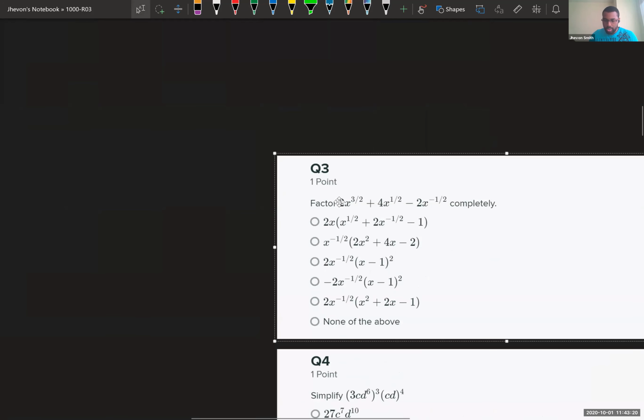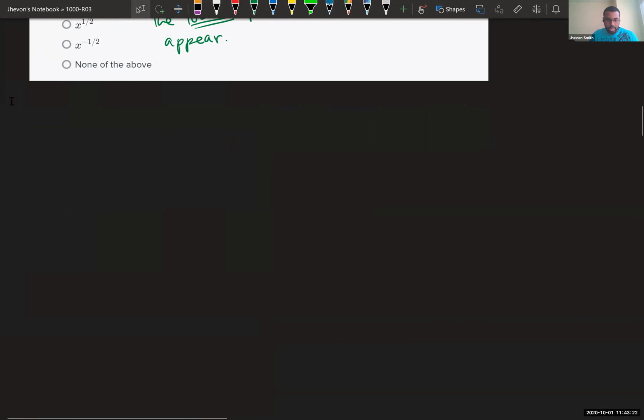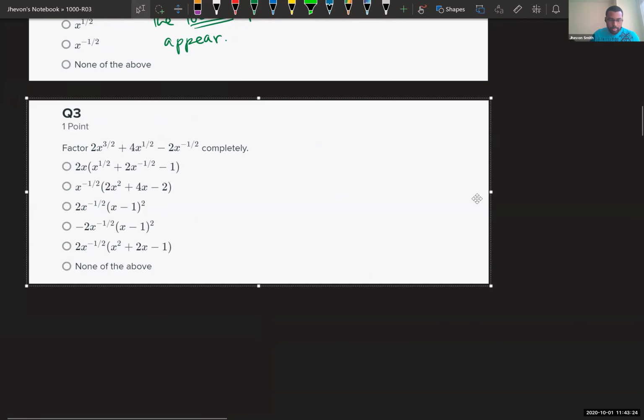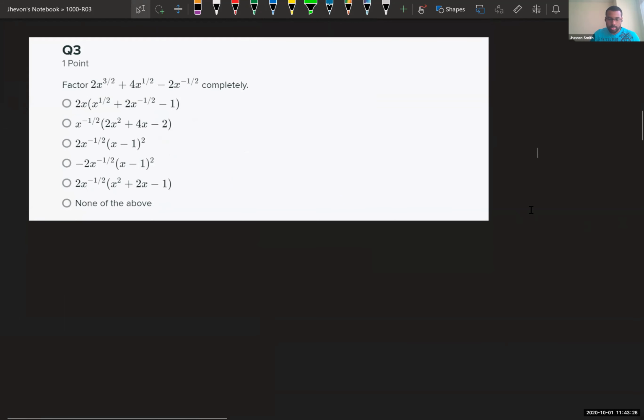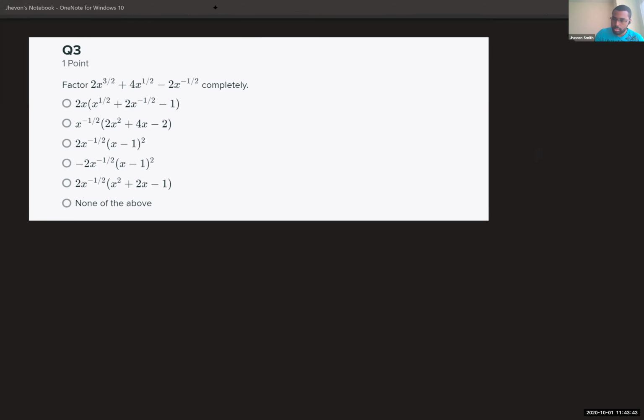Let's move down to question 3. How would you factor this completely? So let's actually work through this one. Subtract 2x to the negative 1/2.